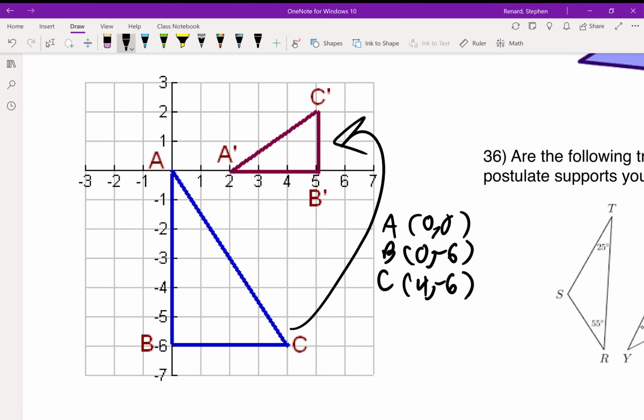A rotation of 90 degrees gives us (0, 0), (6, 0), and (6, 4).